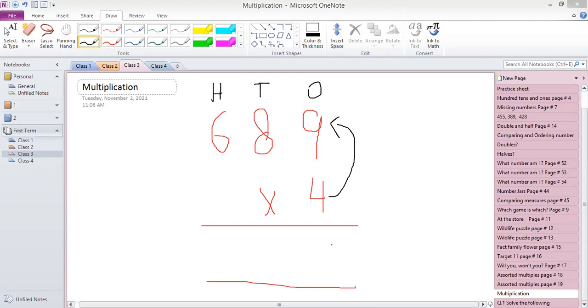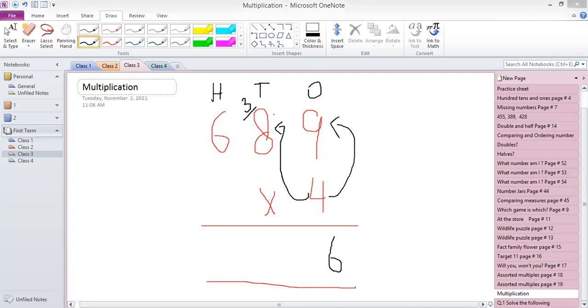In 36, there are 2 digits, so you will only write one of them. You will write 6 here. In 36, there are 3 tens, 6 ones. The tens you will regroup with the tens. Now you will multiply 4 by 8. So 4 multiplied by 8 equals what, guys? 32. Very good.